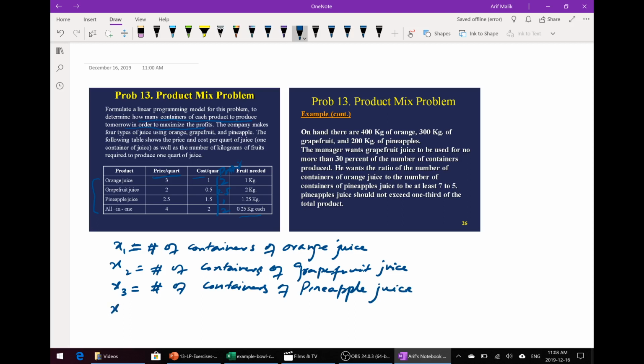And then x4 is the number of containers of all-in-one.